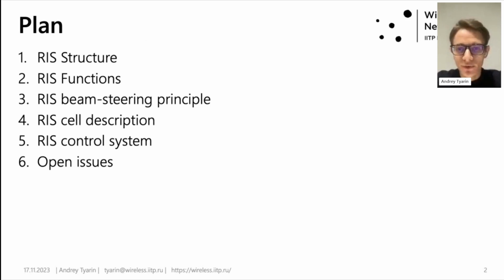Next, I will elaborate on RIS cell structure and its main components. After that, I'm going to cover the RIS control system. And at the end of my talk, I would like to discuss the current open issues connected with the RIS hardware part. Now let's start.